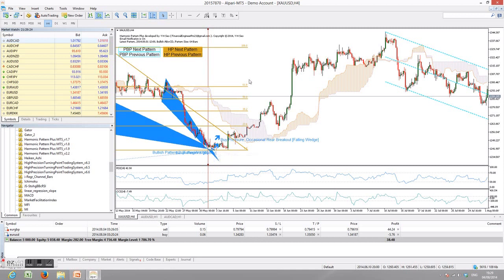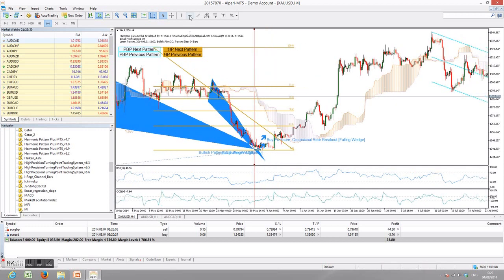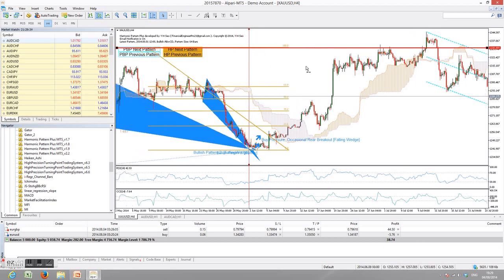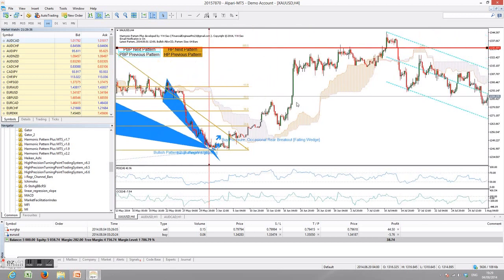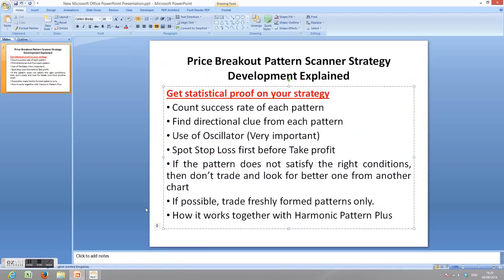And as you see, the price actually rose up to nearly 100% retracement level of this Gartley pattern. So when these two patterns work together, you can achieve even higher accuracy, an even higher success rate.